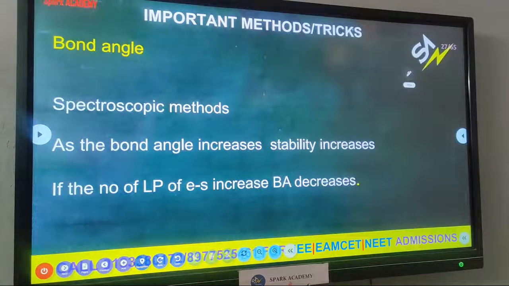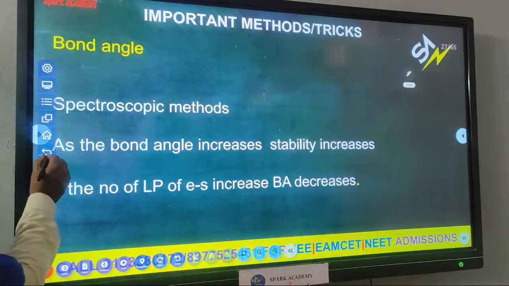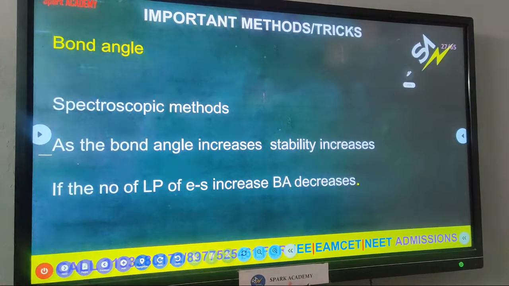We use spectroscopic methods. X-ray diffraction is useful for bond length, not for bond angle.